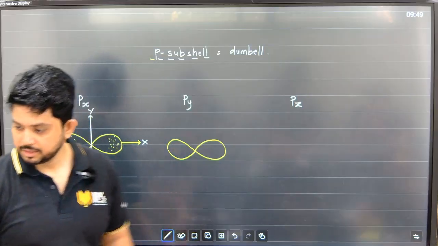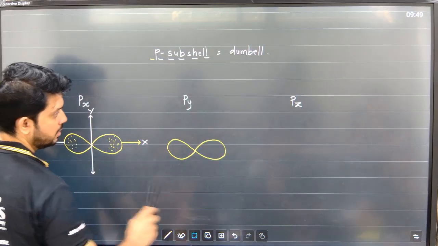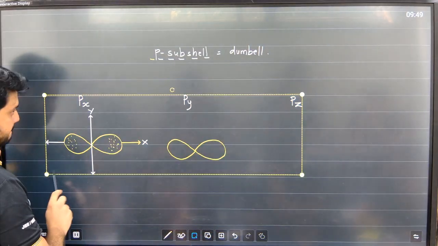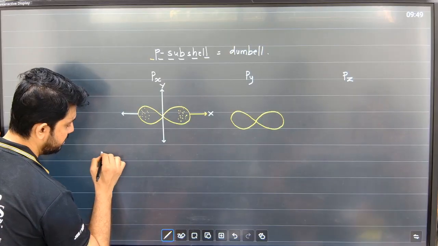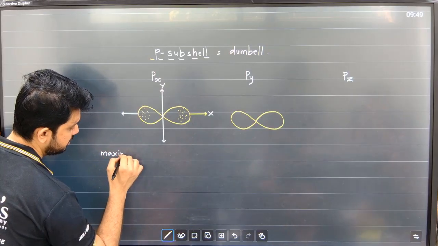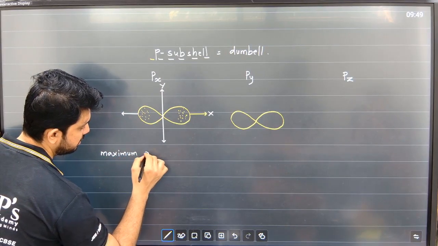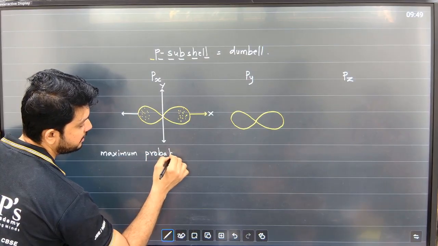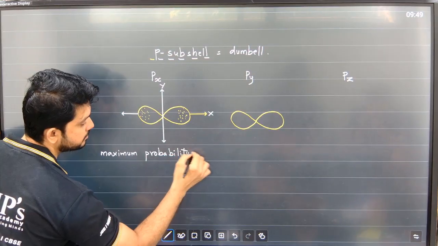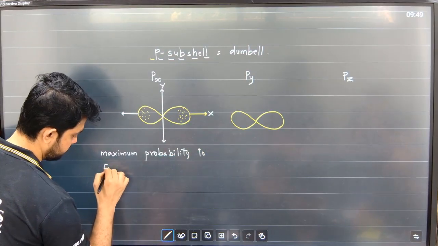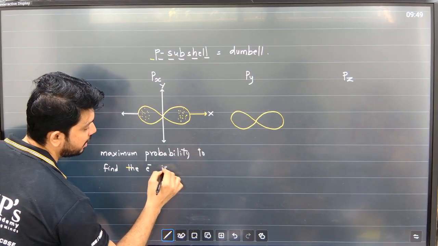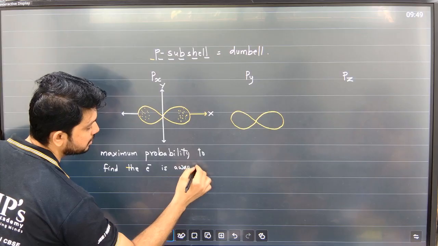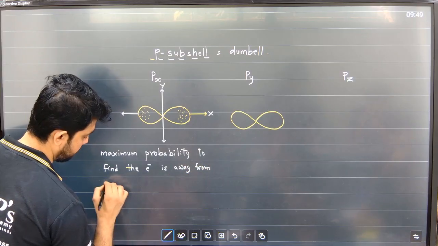With me till here? So, maximum probability to find the electron is away from the nucleus.